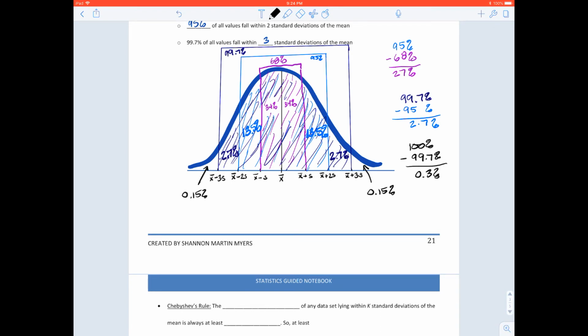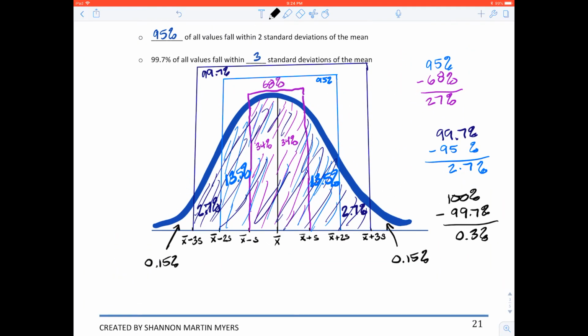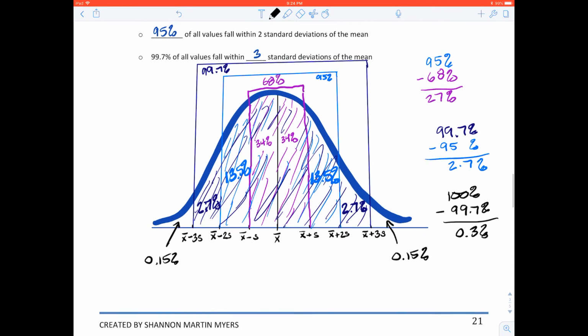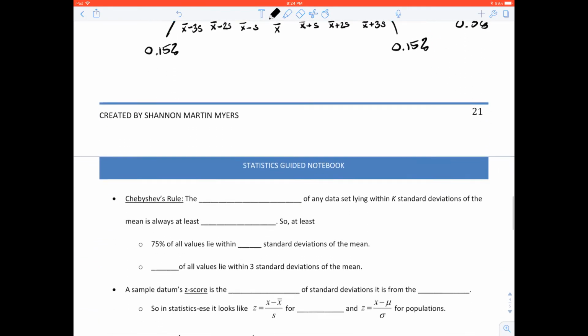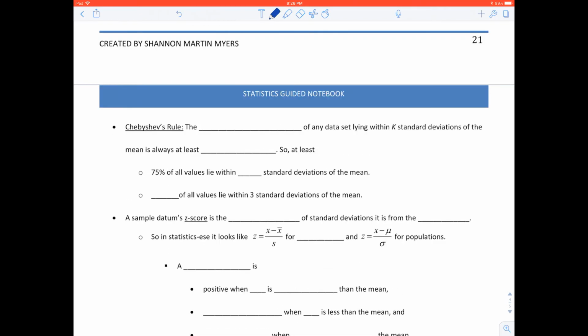Cool? Awesome. Well, that is your empirical rule. And so let's take a look at a couple other things, and then we'll do an example that will have all three of these in there.